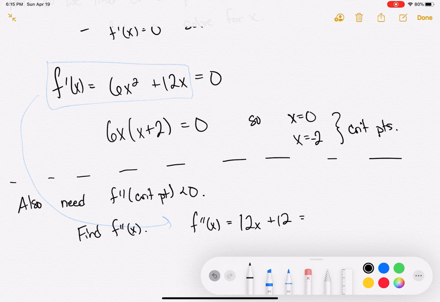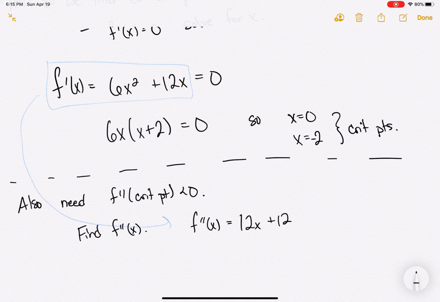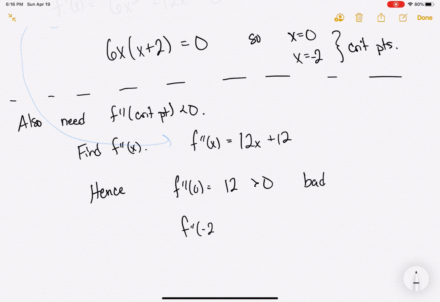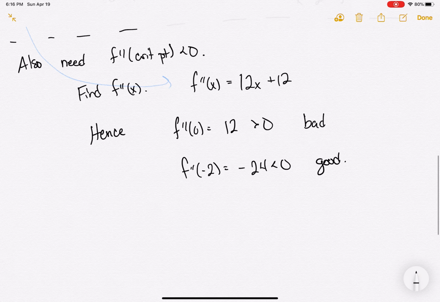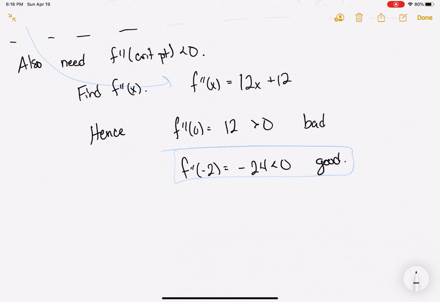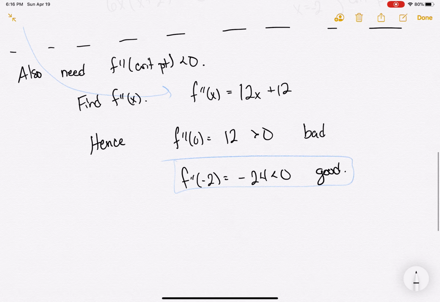I don't really need that to be equal to 0. 12x plus 12. Hence, f double prime of 0 equals 12. Well, that's positive. That's bad. f double prime of negative 2. Well, that's negative 24. It's less than 0. Good. Okay, so there you go. We have a negative second derivative at one of the critical points.